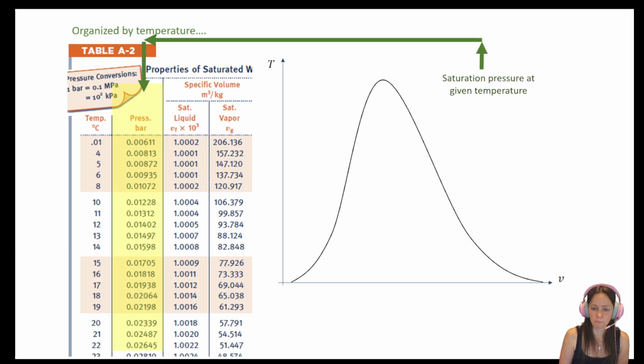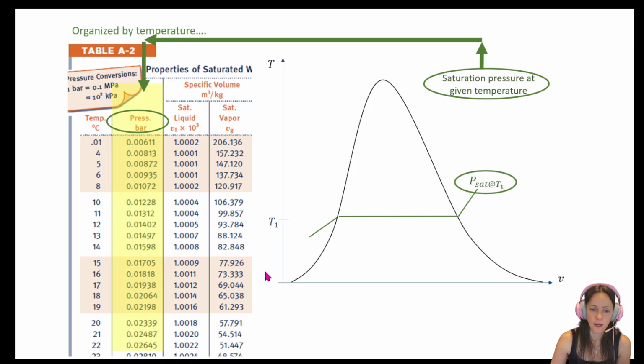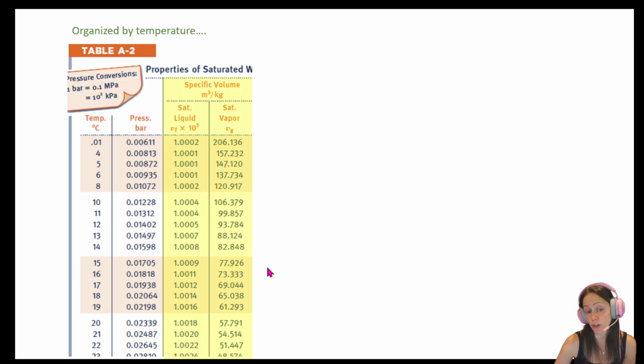So if I look at my T-v diagram and I draw a line of constant pressure there, well, that pressure is the saturation pressure at whatever T1 is. So let's say T1 is 10 degrees Celsius. Well, that Psat at T1 is going to be this number right here, 0.01228 bar.